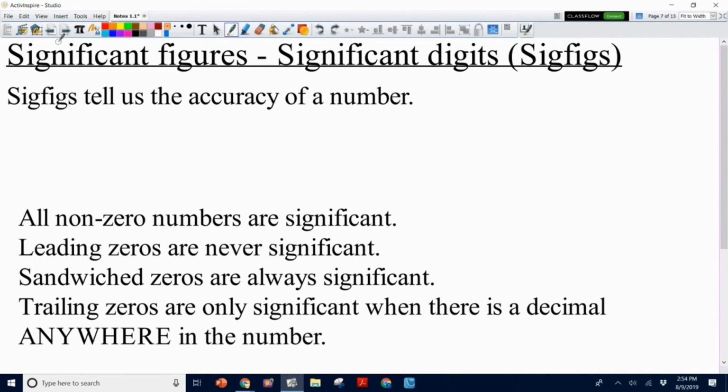So 504 has 3 significant digits. And then lastly, trailing zeros are only significant when there is a decimal. So if I have 50400, those last 2 zeros are not significant. But if I say 50400 and then I put a decimal there, then that decimal makes those zeros at the end significant.